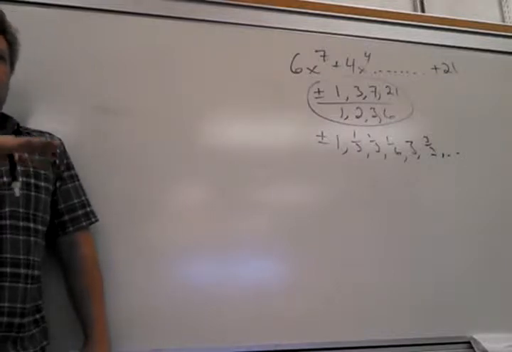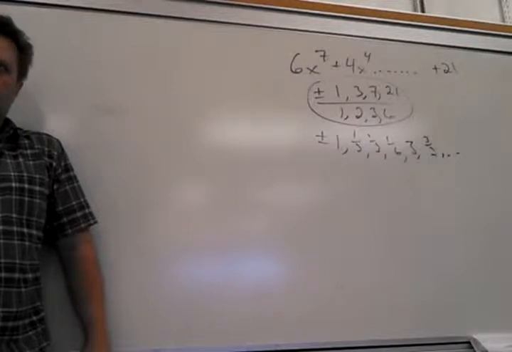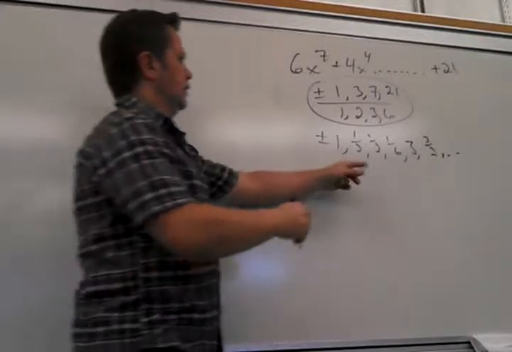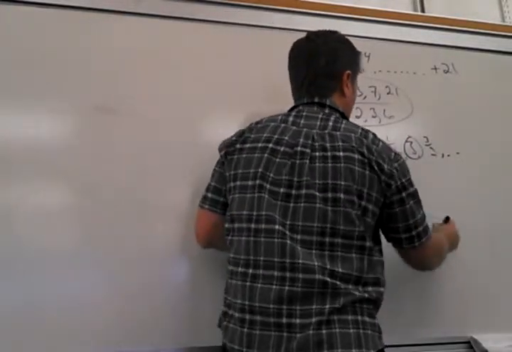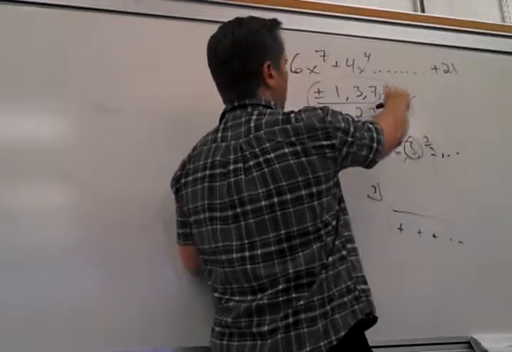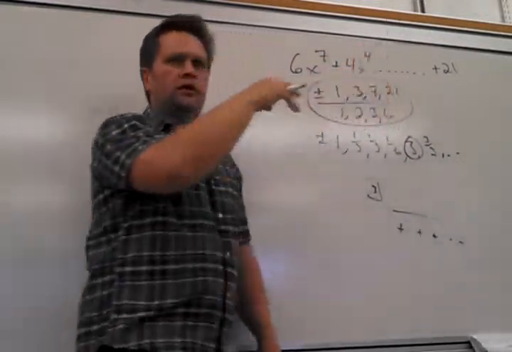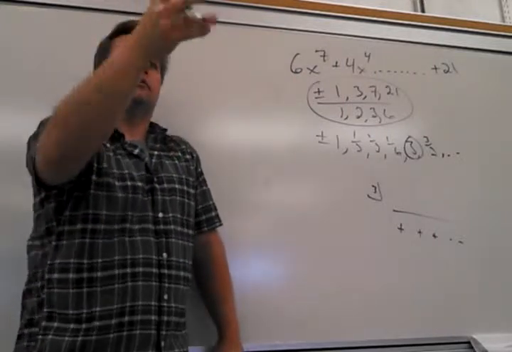If you divide by a negative number and it comes out alternating, that would be a lower bound. So if I synthetically divided by 3 and it came out all positive, I could eliminate 7, 21, 7/2, everything bigger than 3, because that would be an upper bound. Right? Cool.